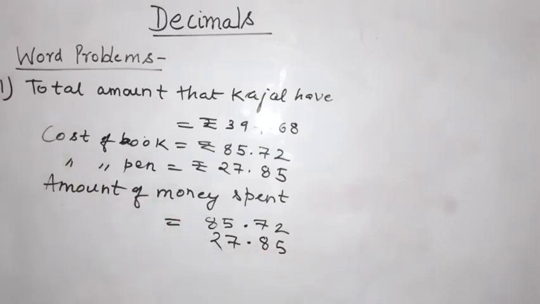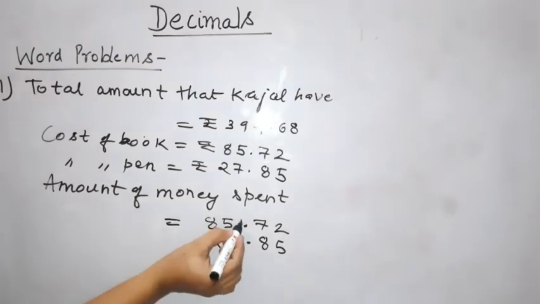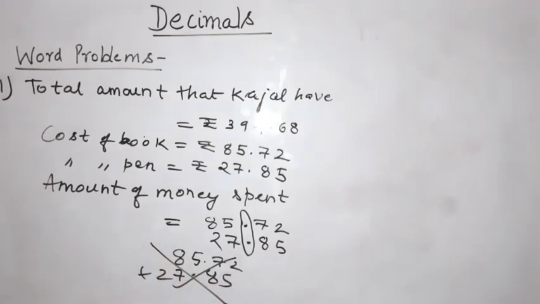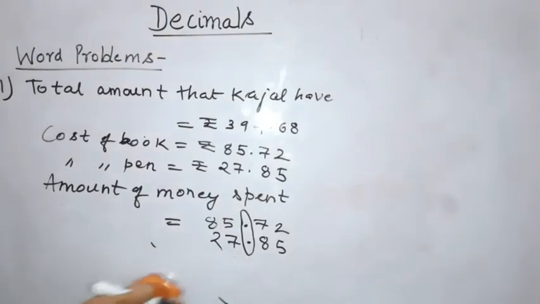And students, whenever you are adding the decimal numbers, one thing you must always keep in mind, the decimal point should come in one line. It should lie in the same line. Okay students? Because if you will do like this, 85.72 and 27.85, this is wrong. Your answer will be wrong.